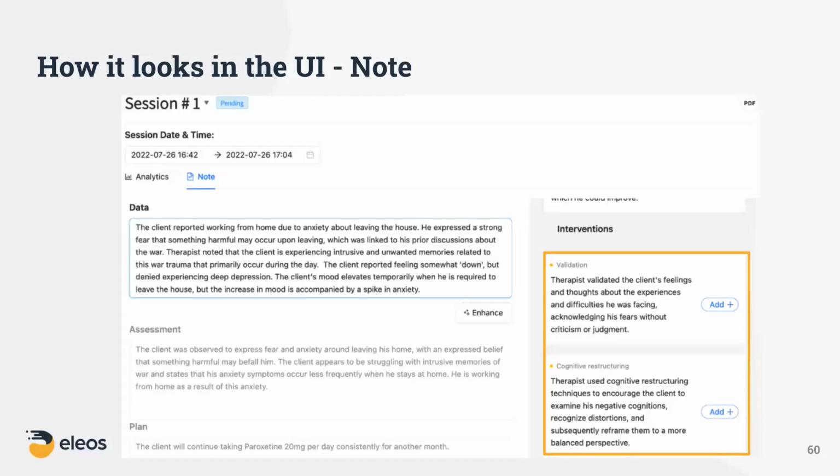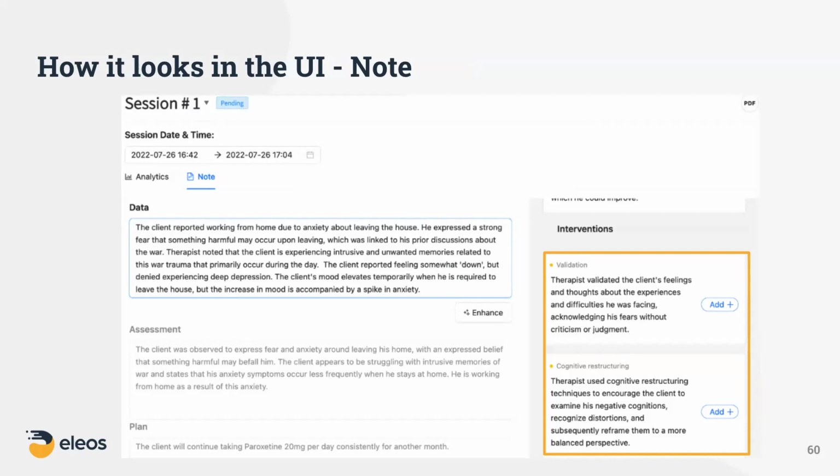So this is what Amit was showing back in his presentation. When the therapist is writing the data part of the notes, we will have the interventions here on the side, and then he can decide whether he uses our suggestion or not. That not only helps with documentation, but also works as a guide of what the therapist did during the session.